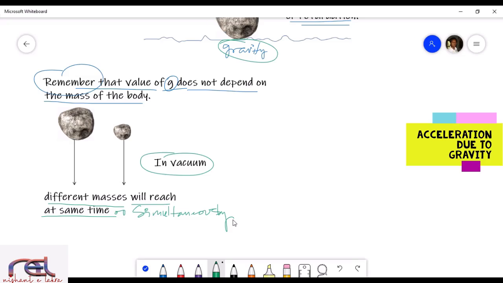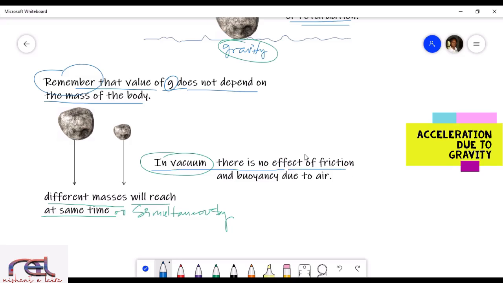But this will happen in an environment where there is no air, no friction, in vacuum. In vacuum there is no effect of friction and buoyancy due to air, right? So what will happen is different mass does not affect acceleration due to gravity.